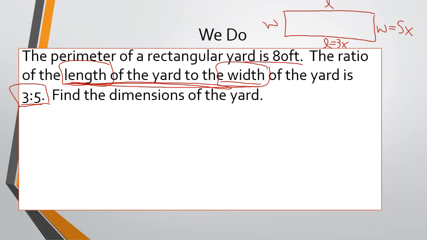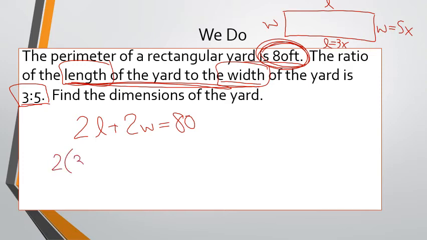Now, we just calculated on the previous slide, if I know my perimeter is 80 feet here, that means that 2L plus 2W equals 80. And so now instead of an L and a W, I'm going to be using a 3x because that's what my ratio told me the L was. And I'm going to use, instead of the W, a 5x because that's what they told me with my ratio there, what the W was going to be.